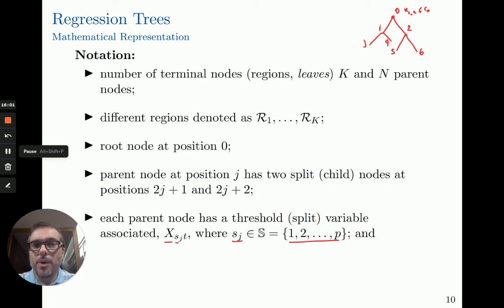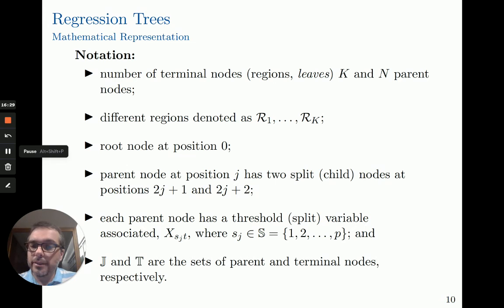At parent node 1, we can have another variable where you're going to ask if it's less or equal a certain threshold, and so on and so forth. So at each node, we have an index of which variable we are using to create the rule, to decide to which side of the tree we are going.